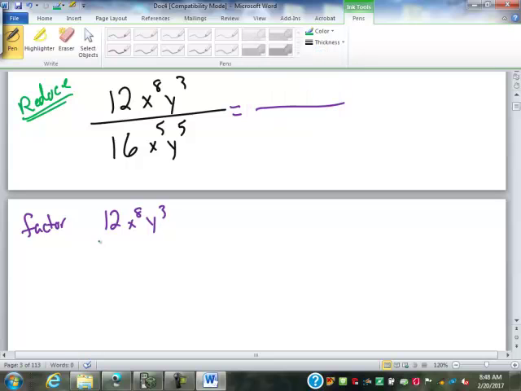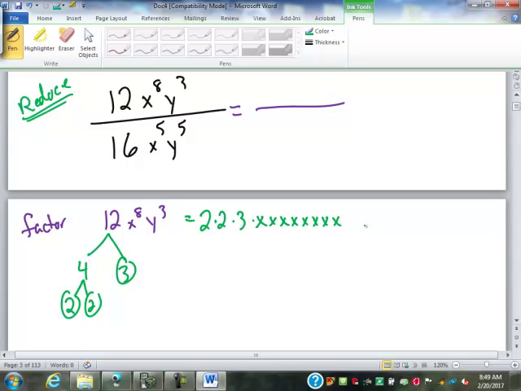To factor it, I'm going to do the number first. I'm going to ignore the variables. 12 would be, what, 4 times 3, 3 is prime. 4 is 2 times 2. So I have 2 times 2 times 3. That's the 12. Well, x to the 8th is just 8 x's multiplied together.